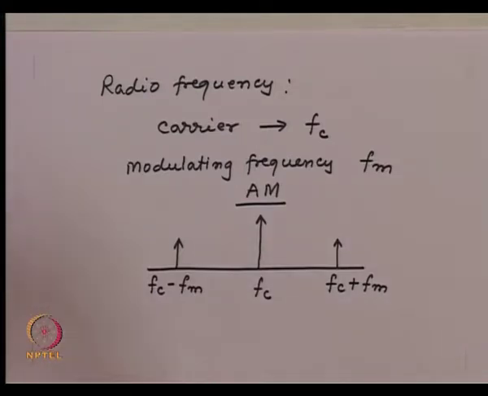So, at radio frequency, if I take an amplitude modulated signal and put it on a spectrum analyzer, you will really see the 3 sharp frequency peaks in the spectrum. Question one can ask is, when we go to the optical frequencies, is the same picture valid at optical frequencies also?